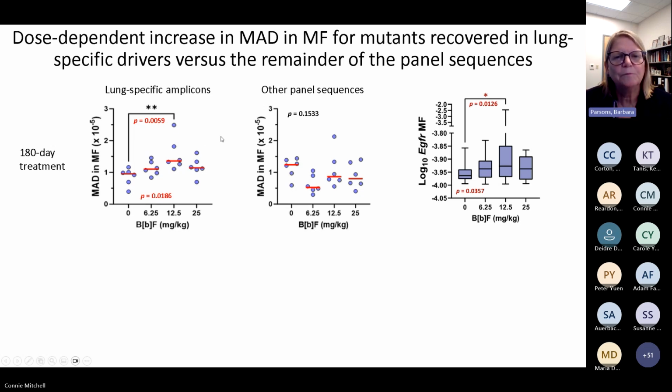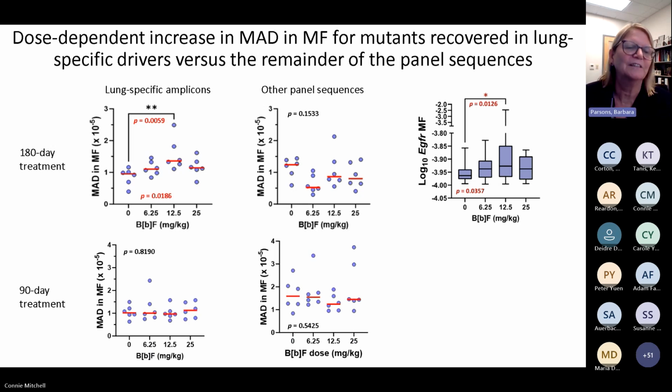If you calculate MAD in mutant fraction from the other panel sequences, the ones not considered lung-specific drivers, you don't see any significant dose response. And we also saw a significant dose response in terms of just recovery of epidermal growth factor receptor mutant fraction, again showing that significant pairwise comparison between the control and the 12.5 mg per kg treatment group. Next slide, please.